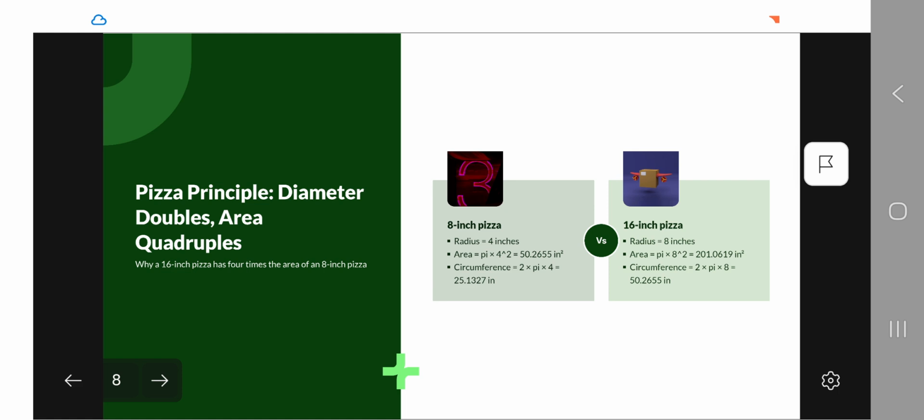So can you get the difference between the circumference of 25.1327 and the 16-inch circumference of 50.2655? So speaking of which, we could divide it by 2. Okay, so the 16-inch pizza has more circumference than the 8-inch, which means the area is 4 times larger than the 8-inch.